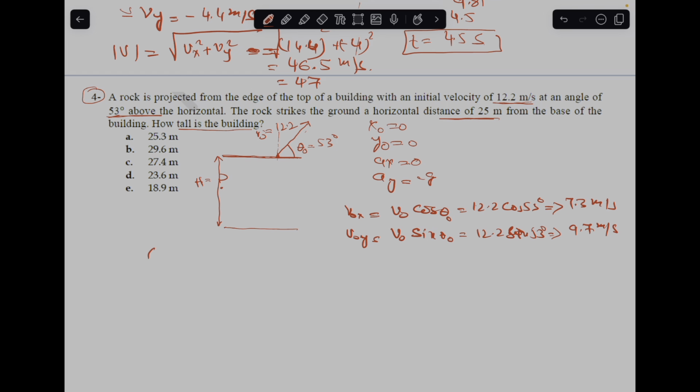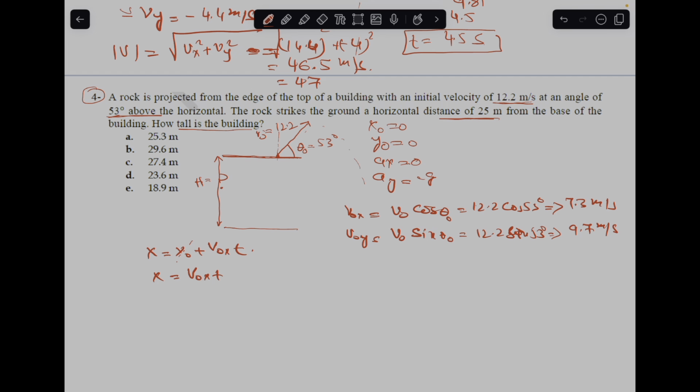Now we're going to analyze the x and y equations. What is our x equation? x is x naught plus v naught of x times t. So x is v naught of x times t because x naught is 0. This x is 25, the distance where it falls.